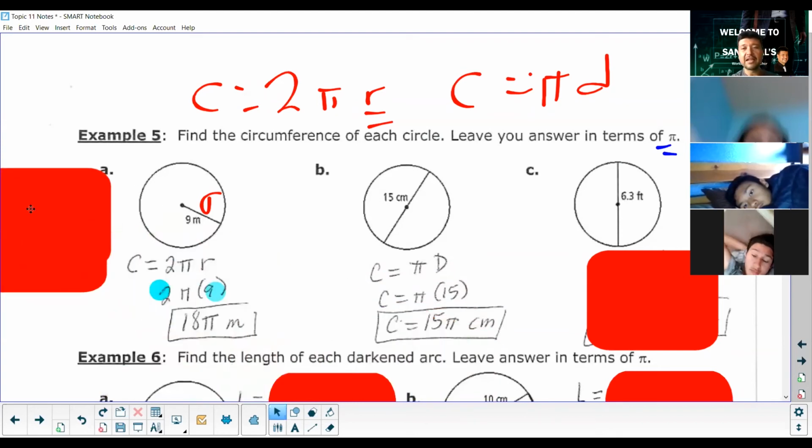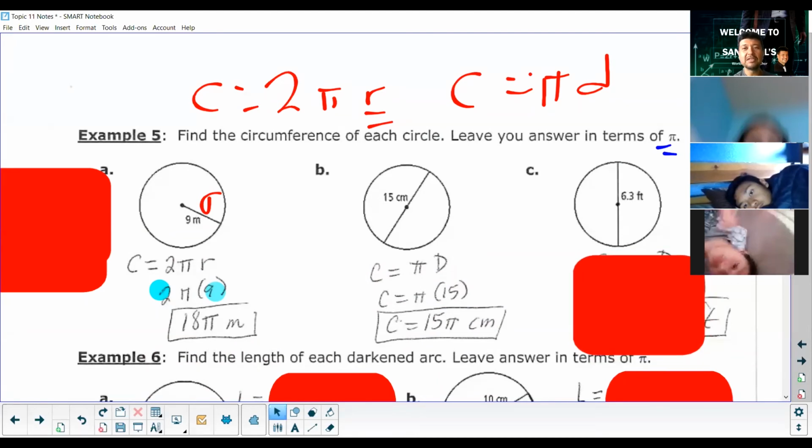All right, Marcus, you did the last one. What should be the answer? Let's see. Okay, since we're losing a little bit, once we get better internet here, I'll go ahead and continue. Okay, so circumference on this one is pi times diameter. Okay, and in this case, it'll become 6.3 pi.